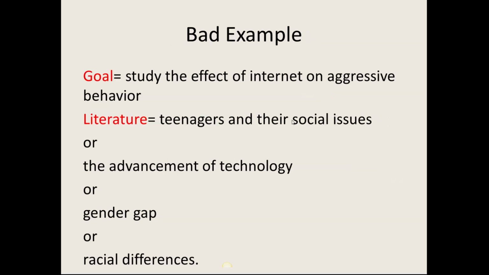Here I'm going to show you some bad examples. For example, the goal of one research is to study the effect of the internet on aggressive behavior. But the literature review shifts away from this main goal and focuses on teenagers and their social issues. Or the literature review switches away to the advancement of technology, or it focuses on gender gap or racial difference.